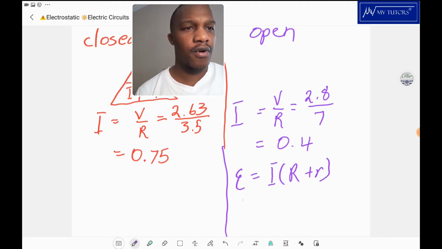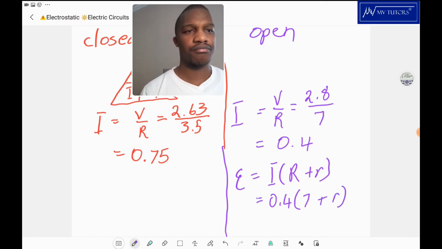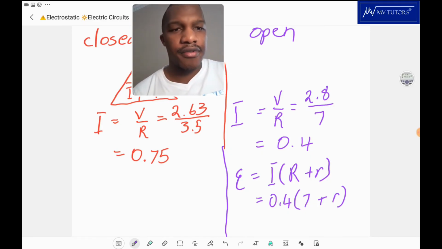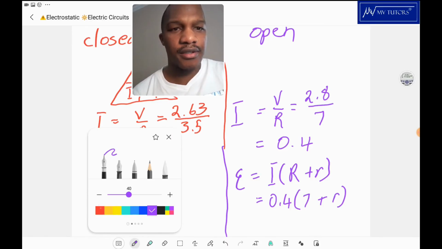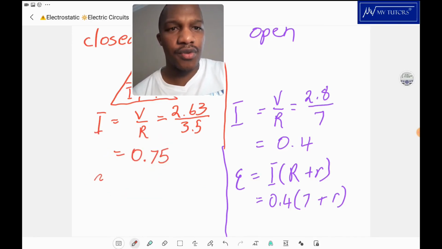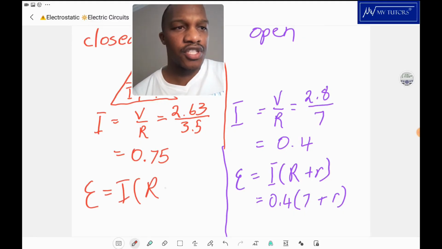Now for our I, we have that it's 0.4. Our big R is the same one, it's 7, plus small r. Now this side, on the red side, our EMF is still the very same equation. It doesn't change, just different variables.